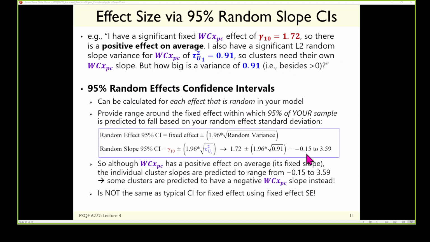That's what the variance implies. So I think this approach makes it a little bit more intuitive to people, like how different are the slopes? Well, here's the predicted range given the model, assuming that they're symmetric and all that stuff. So explaining this takes a little bit of work, but I think it's worth it in the long run to have a way of expressing this that's a little more intuitive. It's just not the typical confidence interval that's based on the precision of the fixed effect. That's the difference.